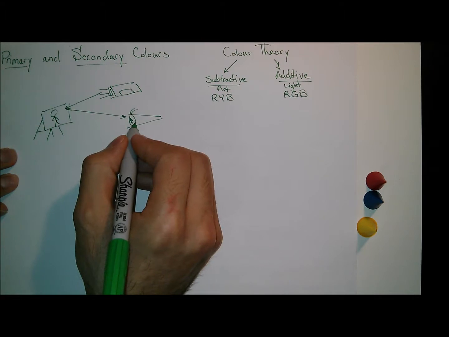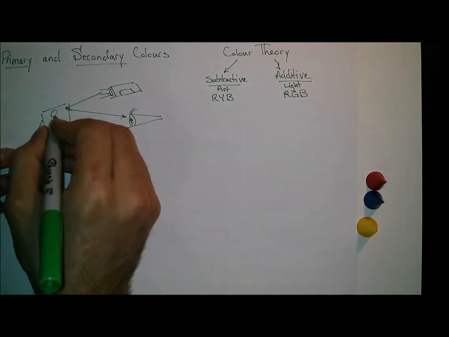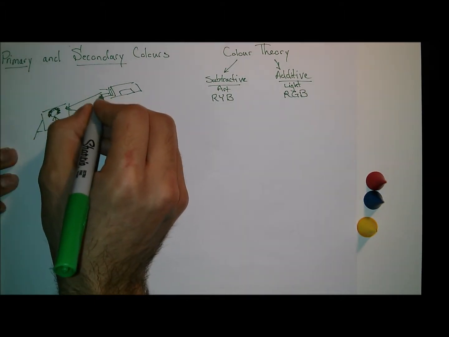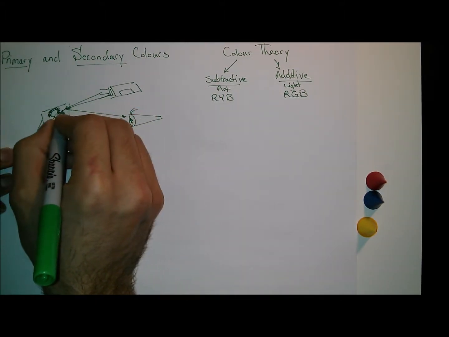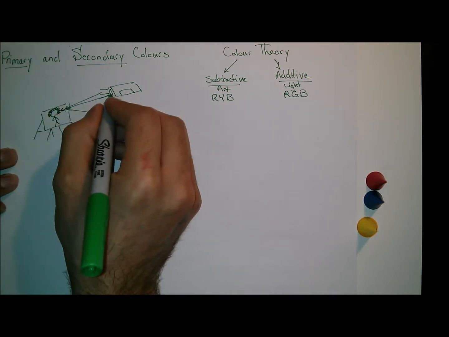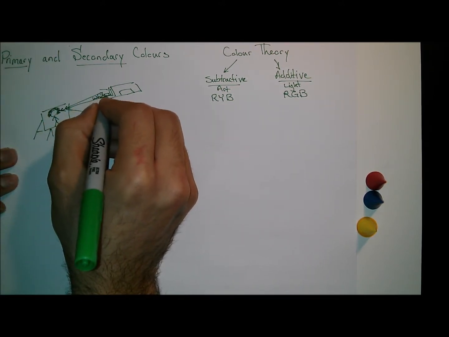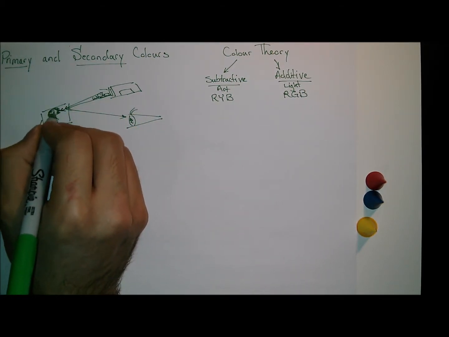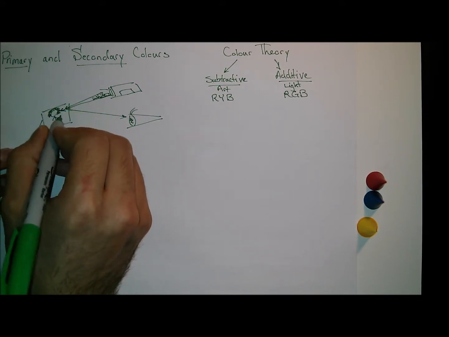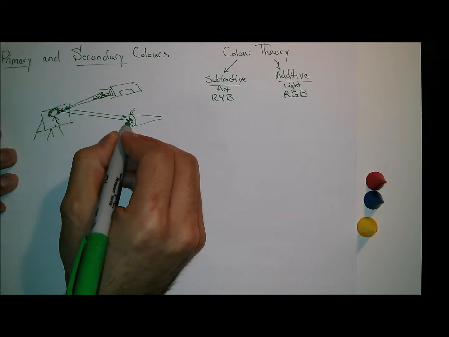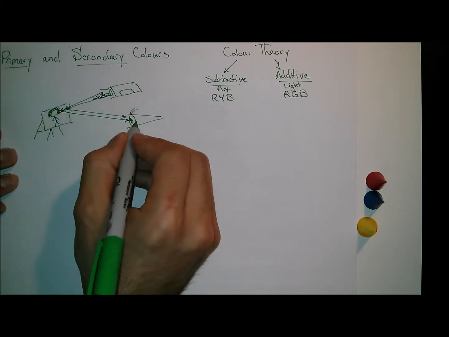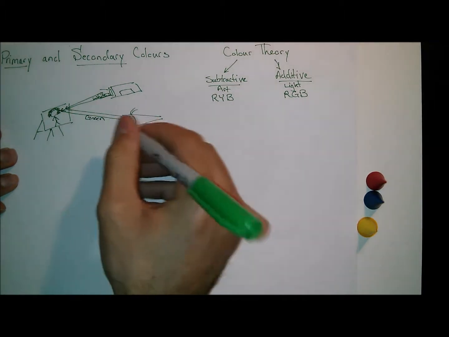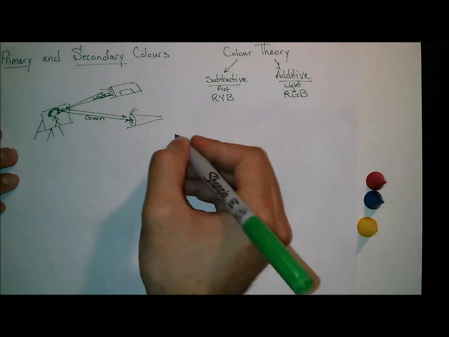It reflects to your eyes and you see white. But what happens when you stare at this individual's hair? It is green. So white light hits this pigment, it absorbs every wavelength except for green, which bounces off. This green goes back to your eyes and you see green.